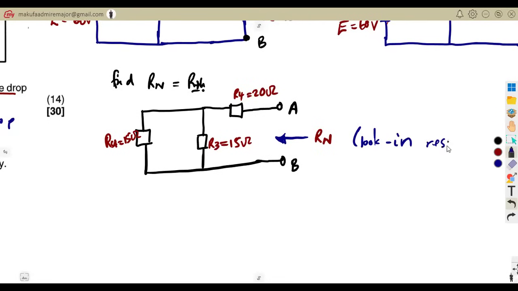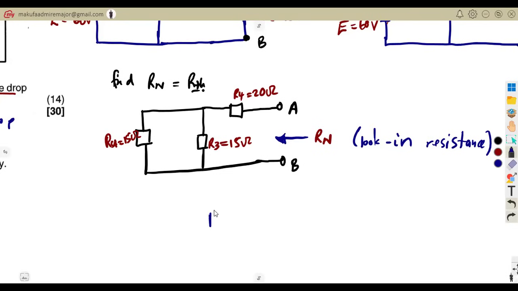As we look into the diagram, how do we notice the arrangement of these resistors? As you can see, R4, if a current was taken, it would be subdivided into these two. So these two are in parallel, in series with R4.